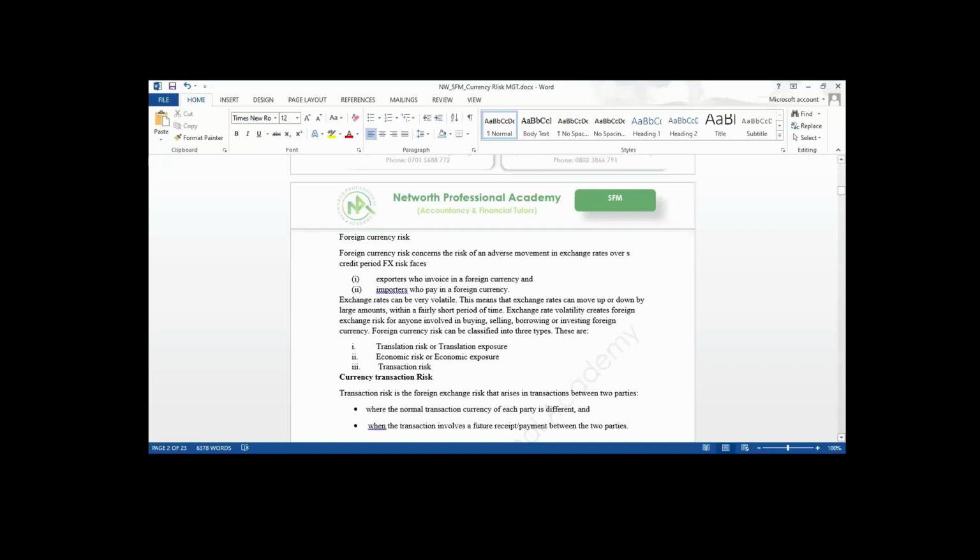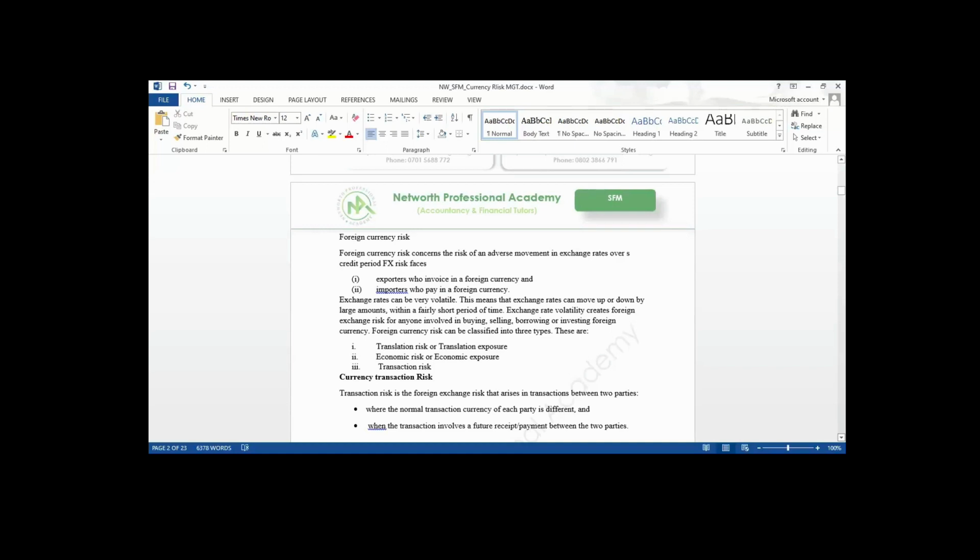It arises because the transaction currency of each party is different, and the transaction involves future payments and future receipts in foreign currency.